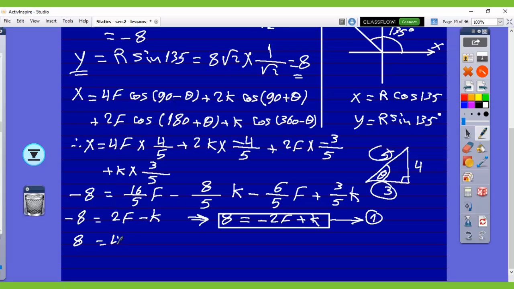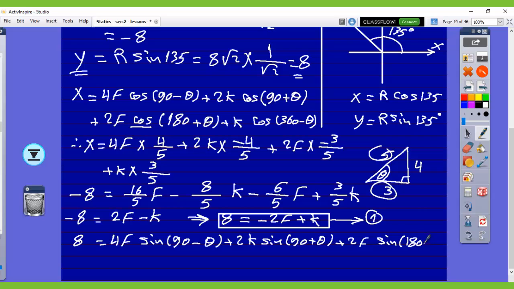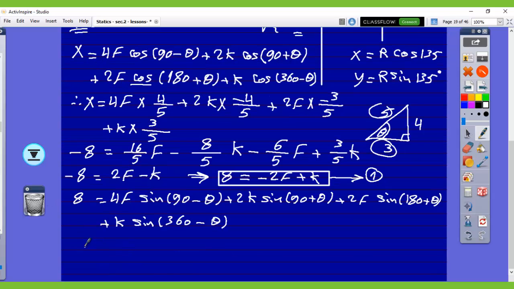We have 4f sine 90 minus theta plus 2k sine 90 plus theta plus 2f sine 180 plus theta plus k multiply sine 360 minus theta. So we simplify it.